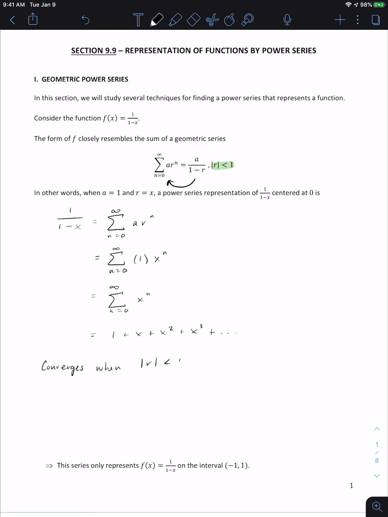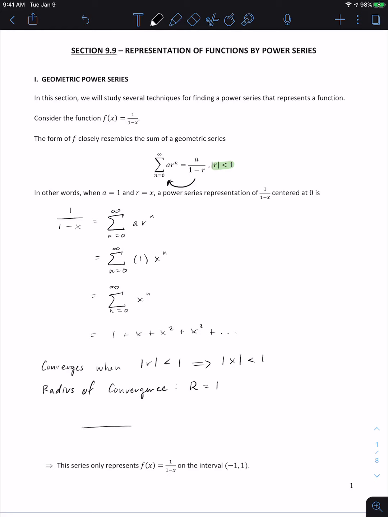But what is r in this case? r is x, so it converges when the absolute value of x is less than 1. That means our radius of convergence is R equals 1.